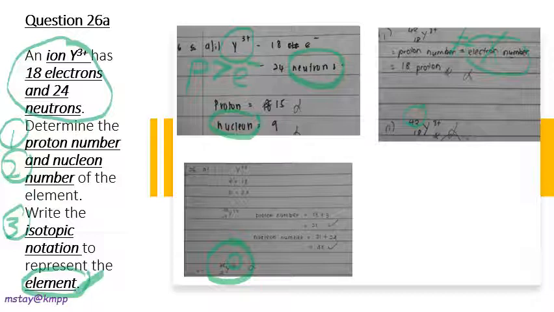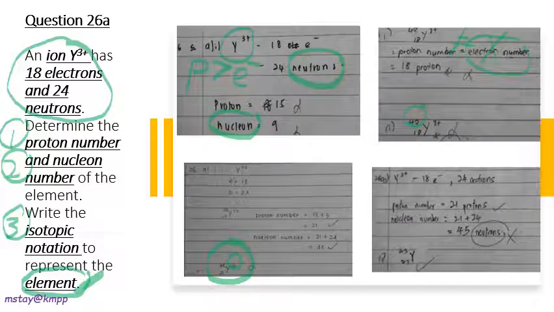Just now we already mentioned that an element is a species without charge. Now look at student D. Student D is also confused with the terms neutron number and neutrons. So do keep in mind that the terms are very important.